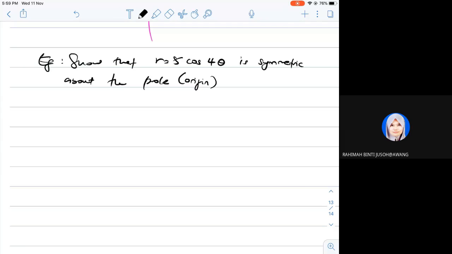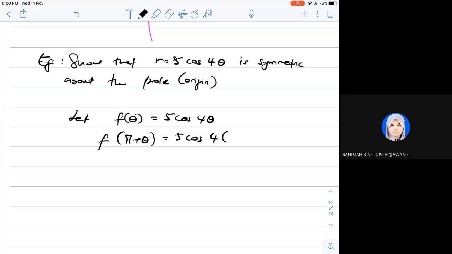Okay, so again, let f theta equals R, so equals 5 cos 4 theta. Okay, so f pi plus theta, 5 cos 4 times pi plus theta. So we will have 5 cos 4 pi plus 4 theta.